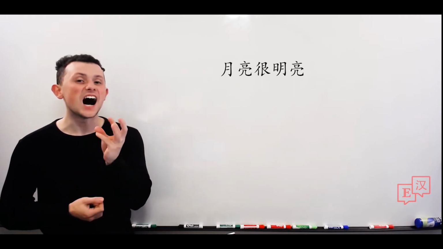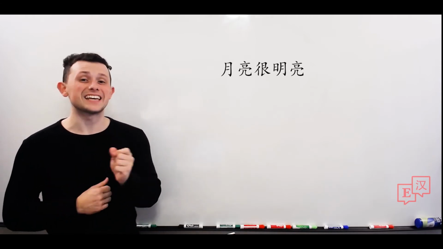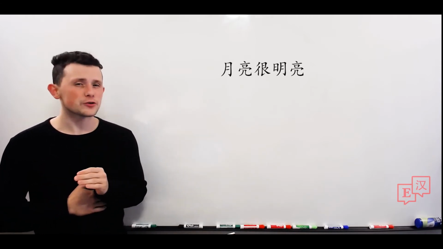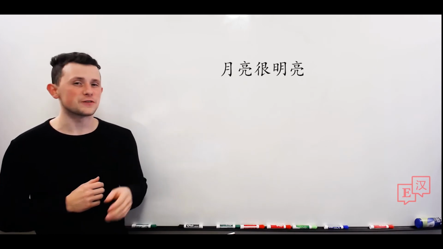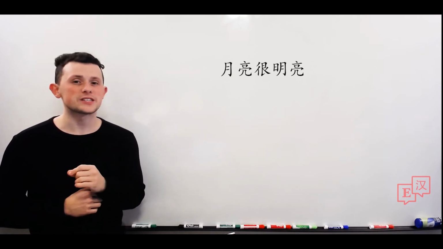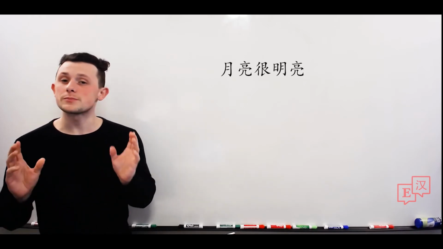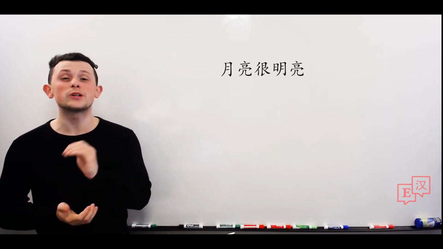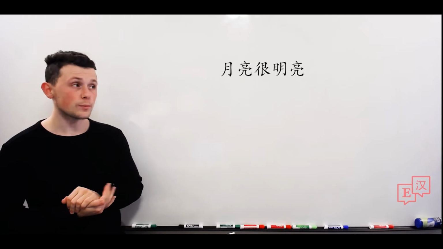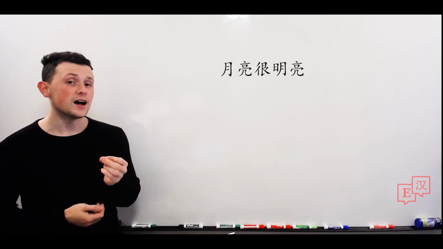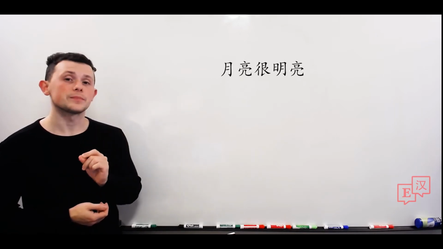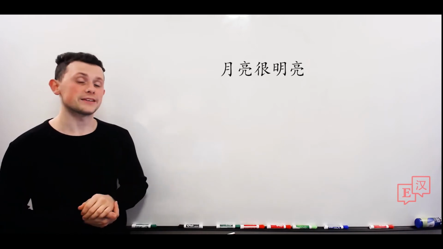In this case, 很 serves as is. If you've learned Mandarin before, you may have heard this taught as very. We maintain here at ExcelMandarin that that is a terrible way to think of 很 outside of specific circumstances, which we will learn later. So one more time. 月亮很明亮. The moon is bright.